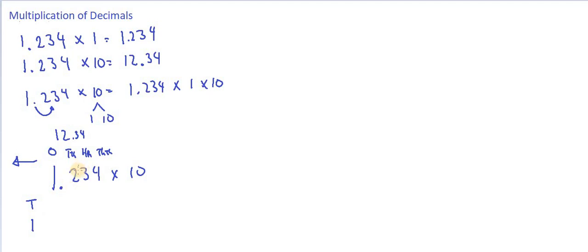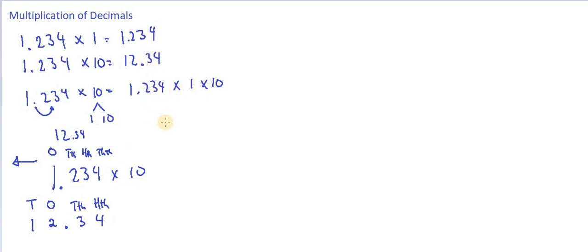Now we move the other digits also. So in the ones place it will be 2, and then after the ones we have the decimal dot, right? And then we have the tens and the hundreds, so the other digits, which are 3 and 4. So I hope you can see this one, 12.34, the same result, right?